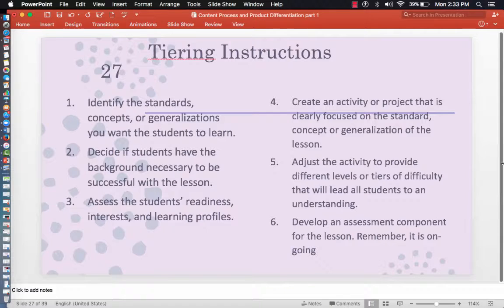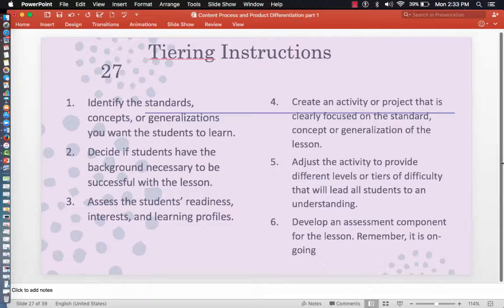Then create an activity or a project that is focused on that particular standard, concept, or generalization. So you have to already have your unit pretty much planned; you have to know what you're going to be teaching. Then you're going to adjust the activity to access those different tiers of difficulty.